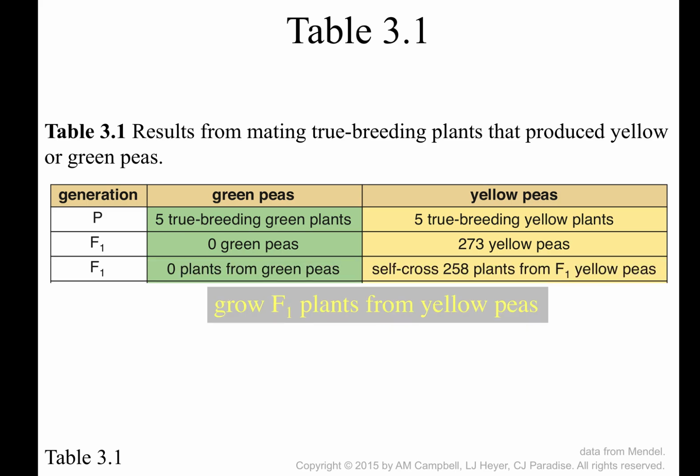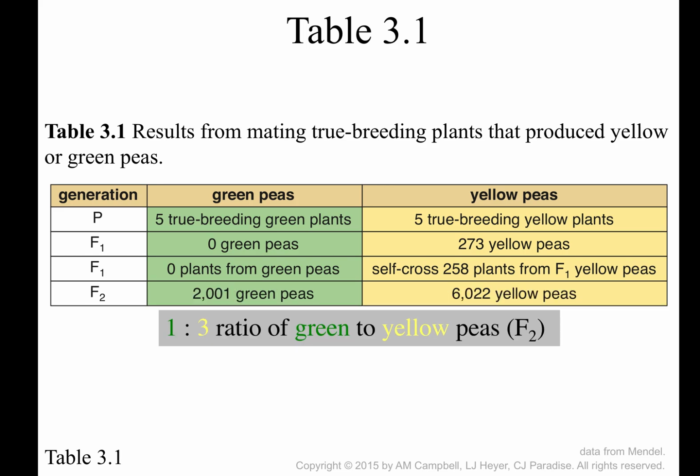Now he takes some of those 273 yellow peas, and he self-crosses 258 of them. So the peas grow up to plants, and then they make pollen, and they have female parts, the stigma. They put the pollen from themselves on the stigma of themselves, and they cross with themselves. So these are brothers and sisters crossing with each other.